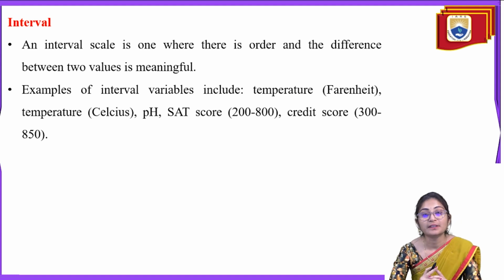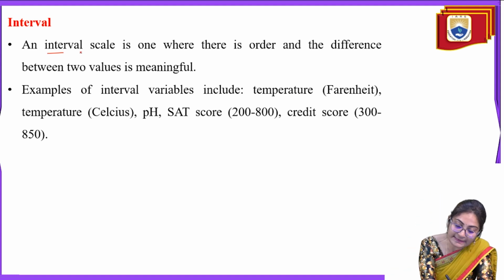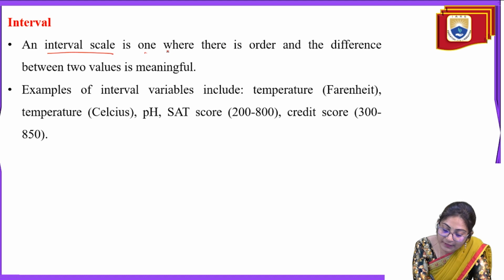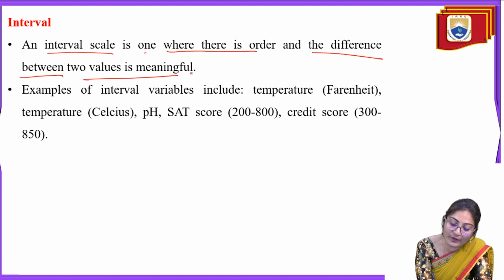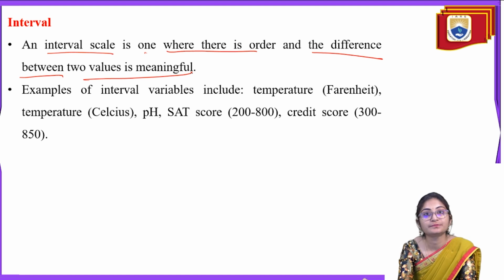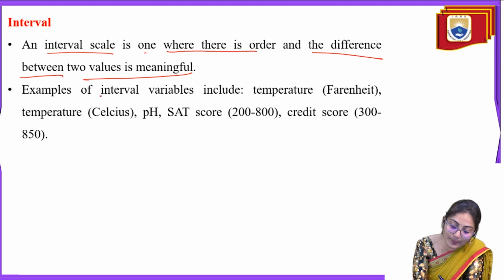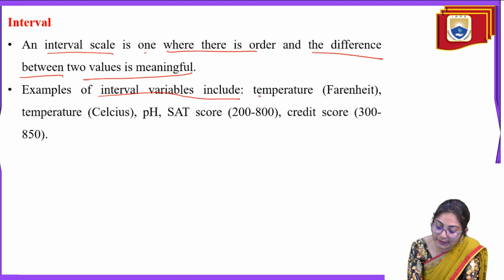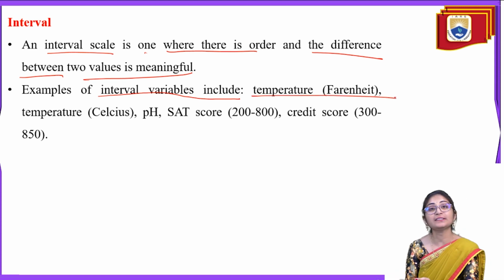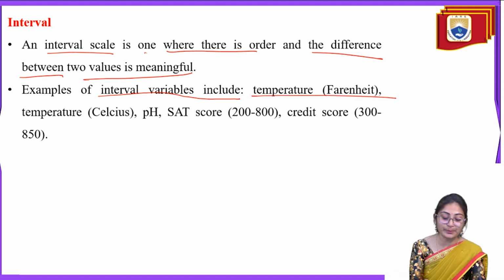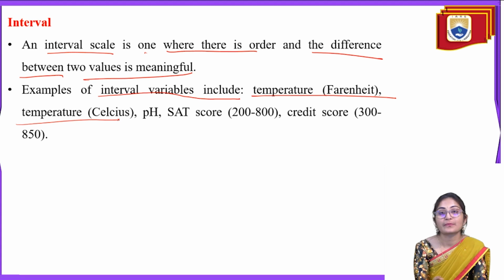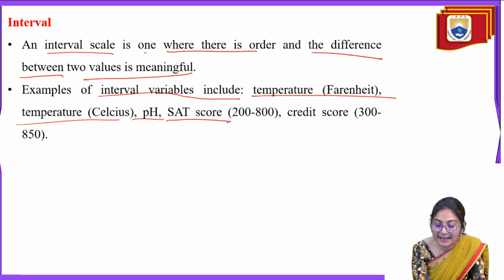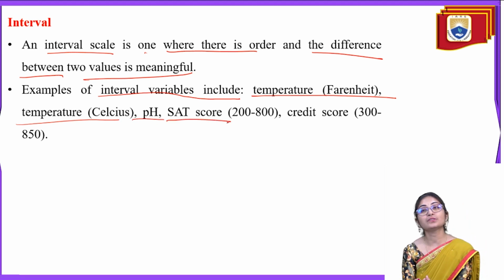Now interval. The interval scale is one where there is order and the difference between two values is meaningful. For example, interval variables include temperature in Fahrenheit, temperature in Celsius, pH, SAT score, credit score.